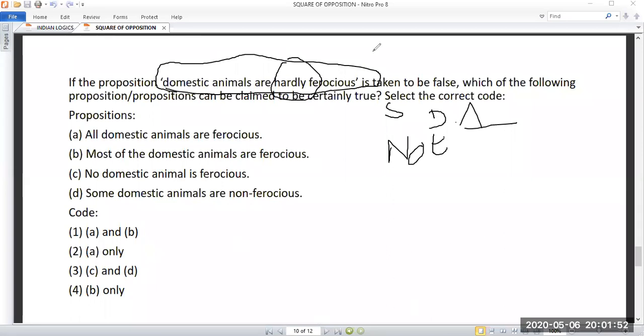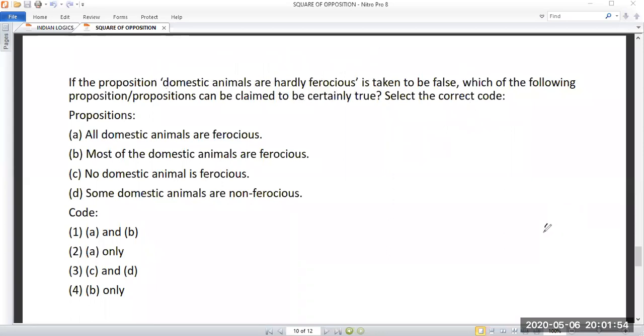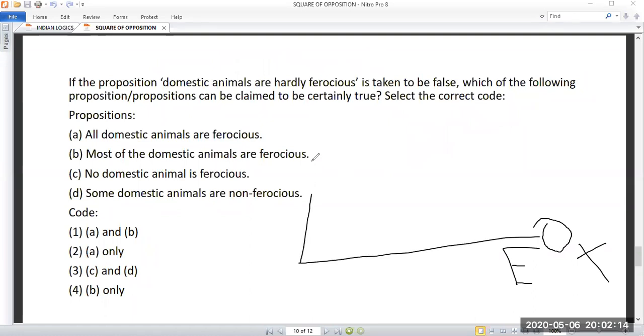Some-not case means you have to come here. This is O. This is taken to be false. So which can be certainly true? Remember the diagram. If this is taken to be false.